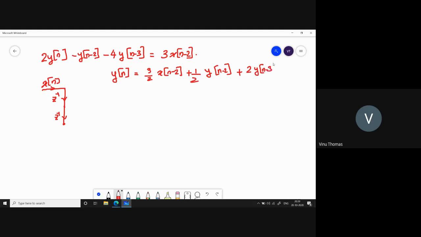This is understood? So you should have an equation in this form, because here you had 2y(n). So therefore you have to divide the entire equation by 2. So y(n) minus 1 by 2 y(n minus 2) minus 2 y(n minus 3) is equal to 3 by 2 x(n minus 2). So this is what we have written here.